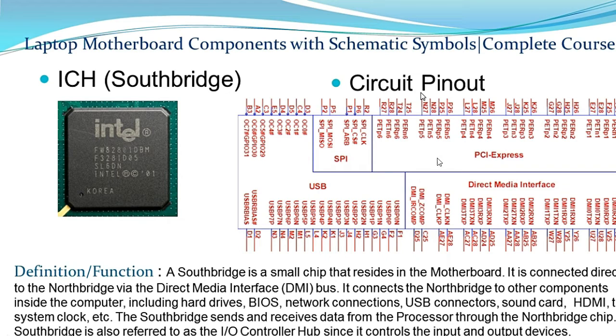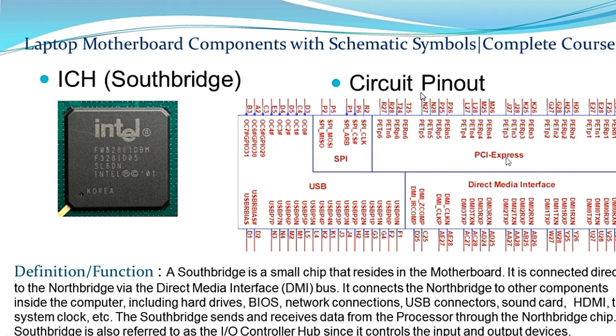So basically here we have each circuit with the same working principle. These rectangles mean controllers inside this ICH. This is just one part. Basically we have 4 parts like this one. Just as an example, here we have a controller that controls USB connectors. This is SPI or BIOS. Here we have PCI Express.